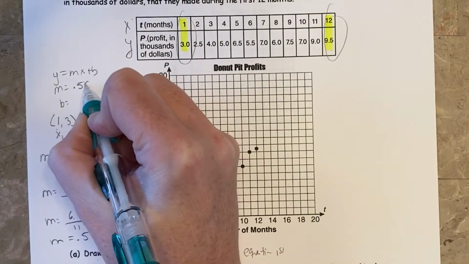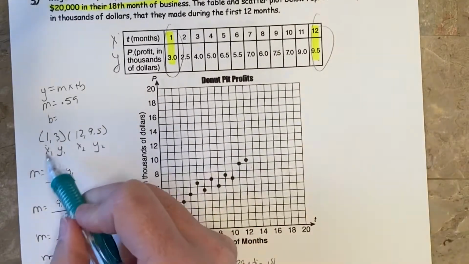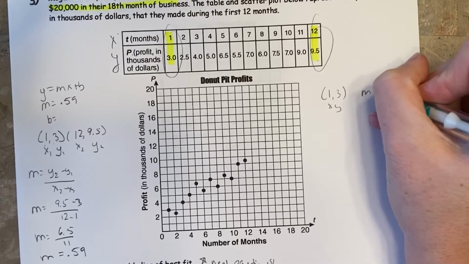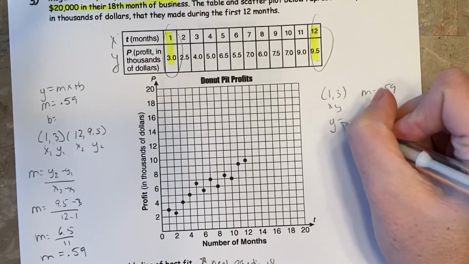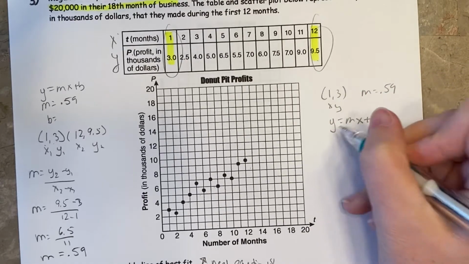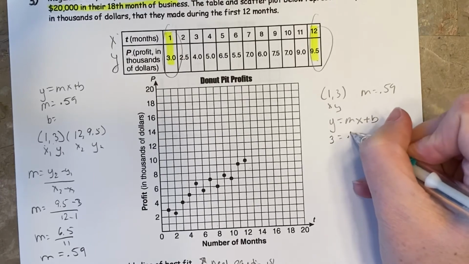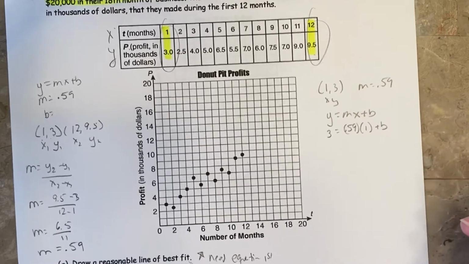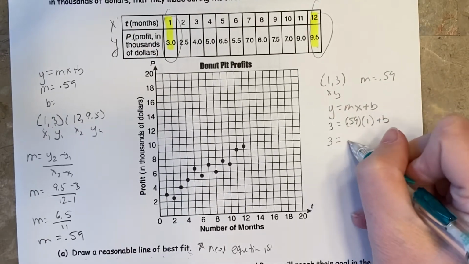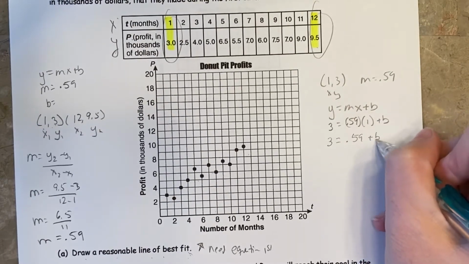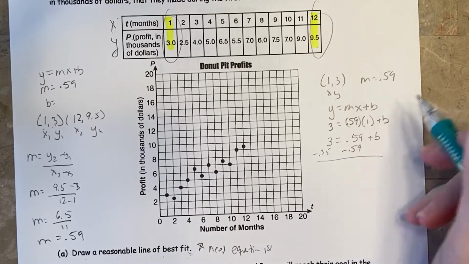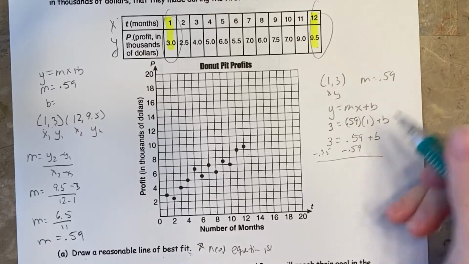All right, so 0.59. Again, we're going to be consistent, and we're going to use the first point, and we're going to use our slope, and we plug into y equals mx plus b. So y is 3, m is 0.59, x is 1. You're going to multiply, just like we did on the previous page, and then we're going to subtract. It's not always subtracting, okay? If there's a negative, don't forget you do the opposite, and you would add.